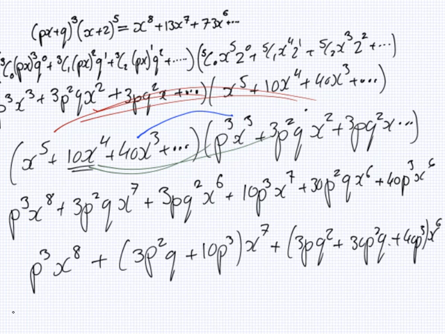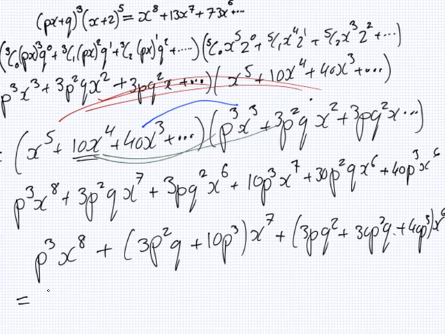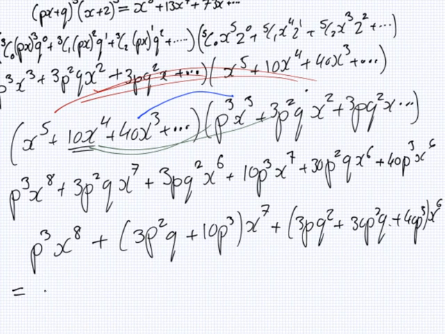Okay, and what should that equal? What was the answer I got? But what was the equation it needs to equal? In the question? Yeah. x^8 plus 13x^7 plus 73x^6.